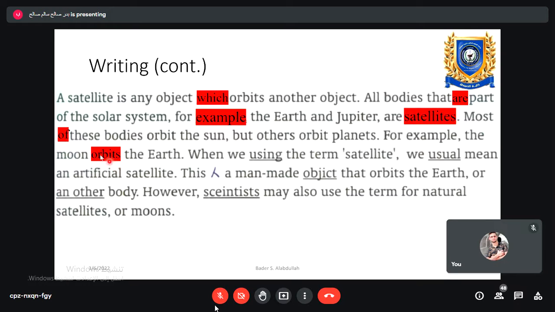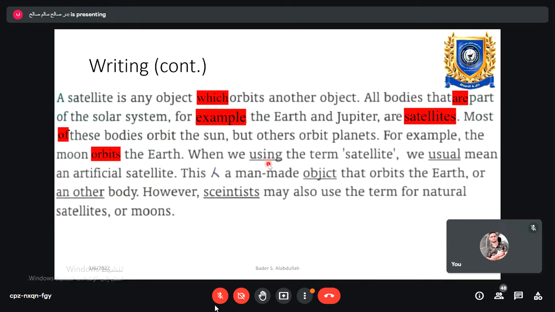The moon is a third person here, so we have to use S. If you want to know if a noun is a third person or not, you can change it with a pronoun. If it's changed with she, he, or it, it has to use S after the verb. Okay? So this is a subject-verb agreement or noun-verb agreement.